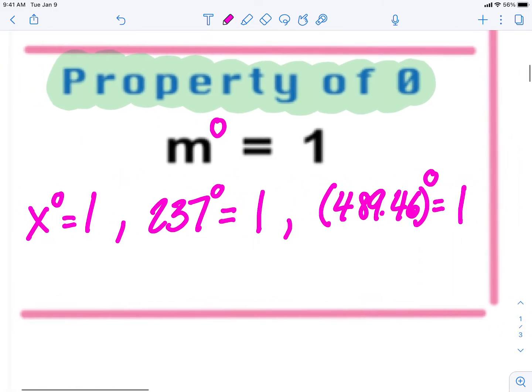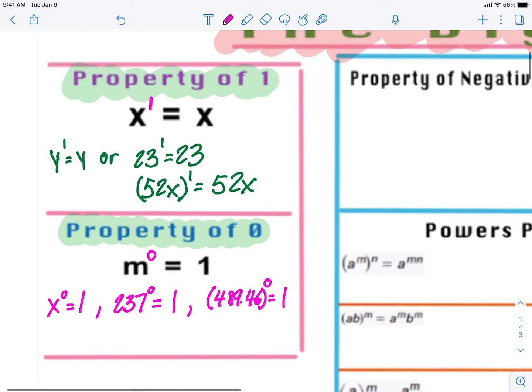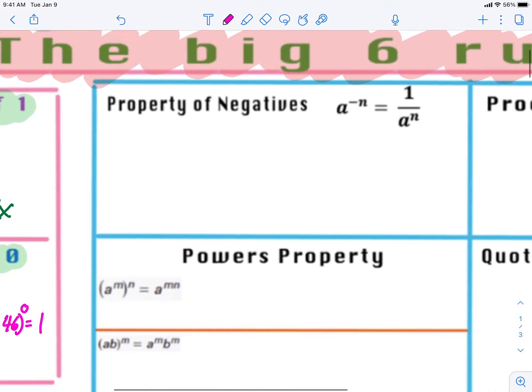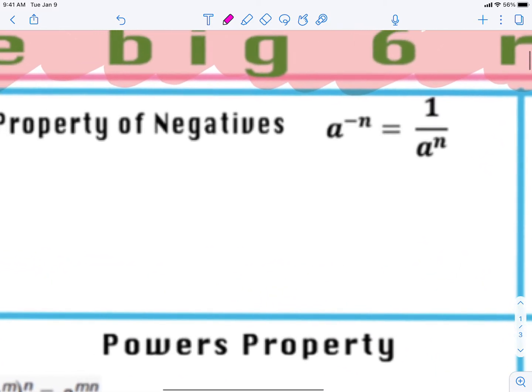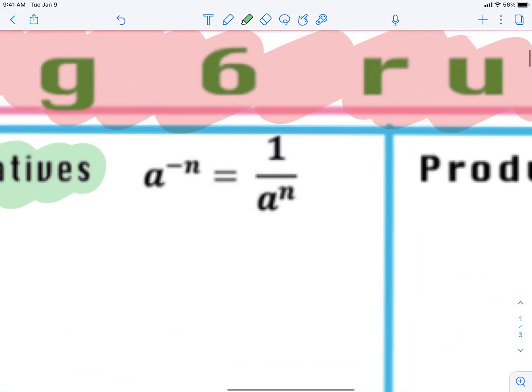So the property of 0 says that anything to the power of 0 is equal to 1. So these are the 2 properties that are always there. Another property that is always there is called the property of negatives.